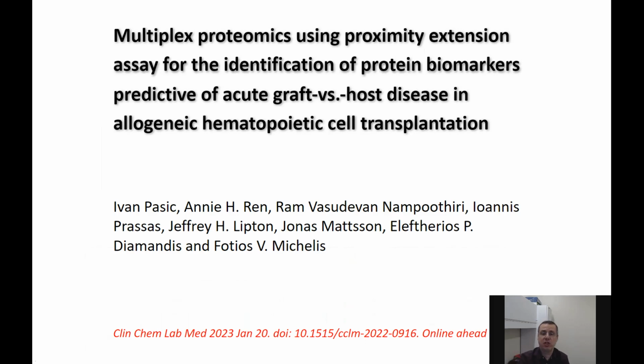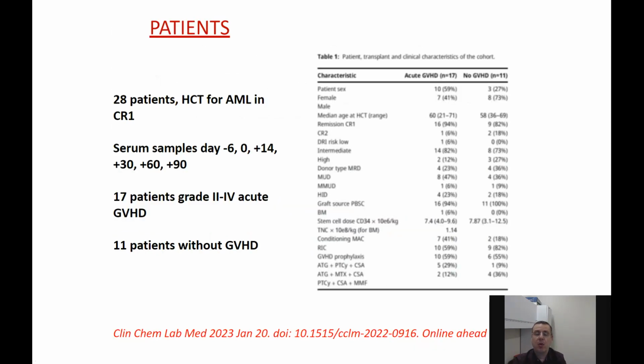And we used at our center this method in order to investigate and to screen for potential biomarkers in acute graft-versus-host disease patients following transplant. This was a study done by myself and Dr. Ivan Pasic as principal investigators, and in collaboration with the Mount Sinai Hospital laboratory here at the University of Toronto. What we did was we looked at 28 patients which underwent allogeneic transplant for acute myeloid leukemia in first complete remission.